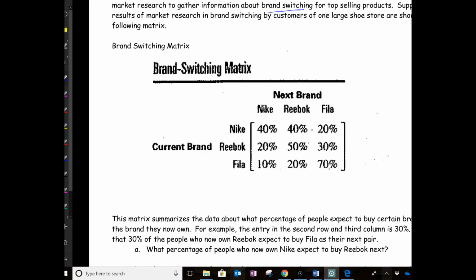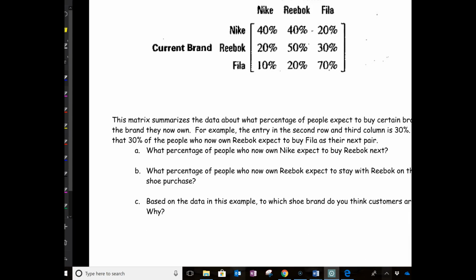And how many percent of them switched brands? So if I'm looking at how many people currently have Nike but then maintained Nike, it was only 40%. How many people have Nike but switched to Reebok was 40%. And then how many people currently own Nike but then bought Fila the next year was 20%. So that's how the matrix works.